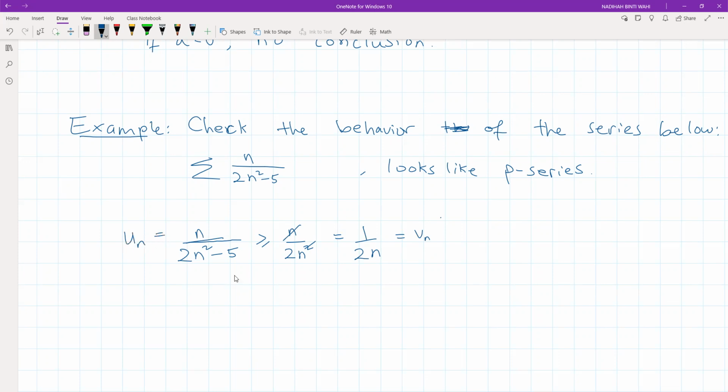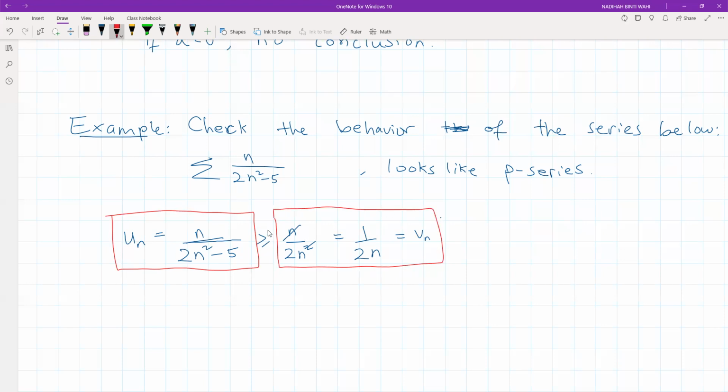Un equals to that, and then Vn is equals to that. Okay, if I compare left-hand side and then the right-hand side, I can see that Un is bigger than Vn.